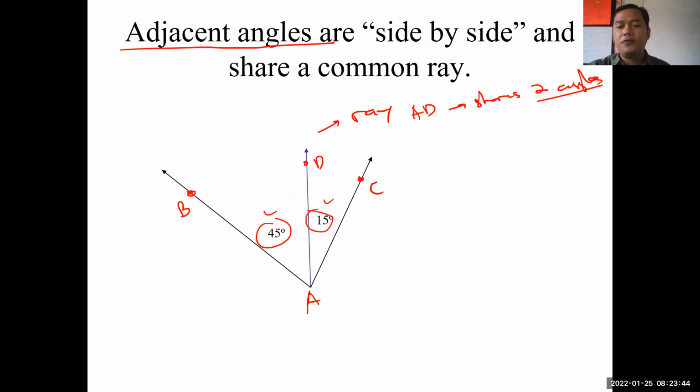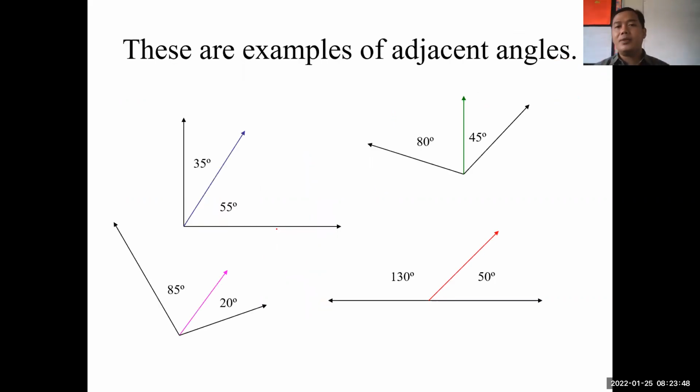Okay, let me give you another example of this. Here we go. These are examples of adjacent angles. Can you see that? The ray that you see is different from the other two rays. That is the one that divides those two, and we call the angles that pair adjacent angles.